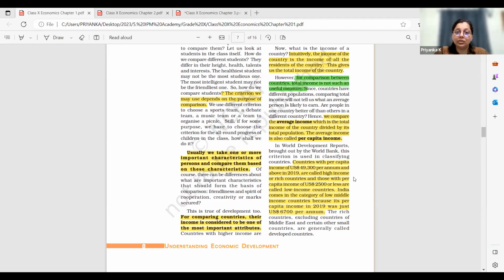And it is actually shocking to find that India is still categorized into the middle income or lower middle income countries as per the 2019 index, because its per capita income was just $6,700 per annum. So it's between 2,500 and 49,300. India has not reached closer to $49,300 per annum, which is why it is still on a path towards a developed economy, and it's not a high income or a rich country.